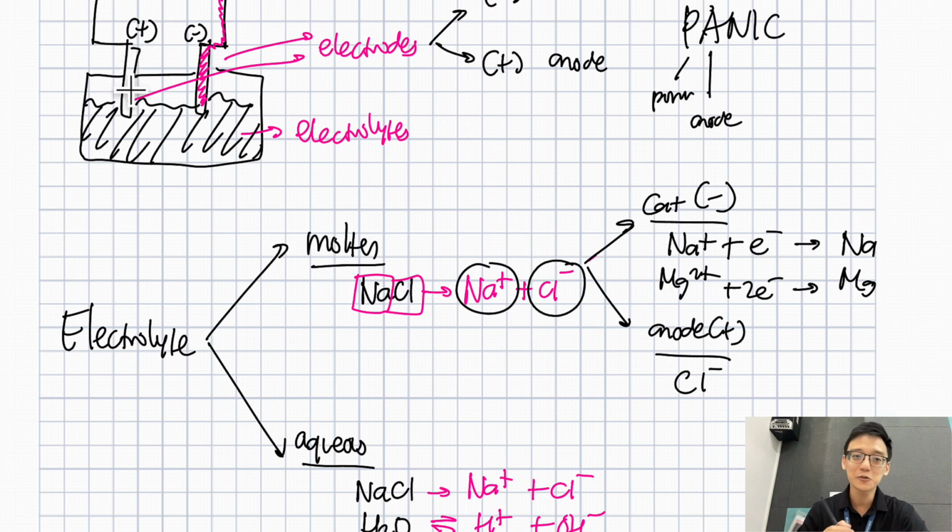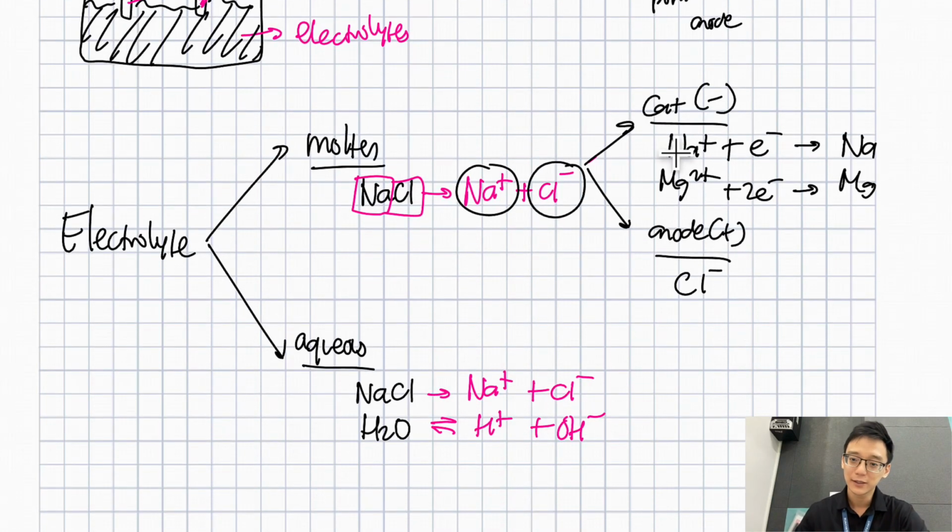So Cl ions will give electron to the anode, forming Cl2 and releasing 2 electrons. Why do we have Cl2? Because Cl is diatomic. Typically gases are diatomic, so F2, N2, H2, and so on.